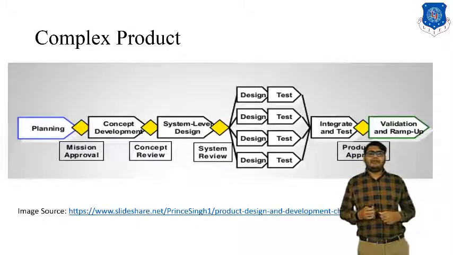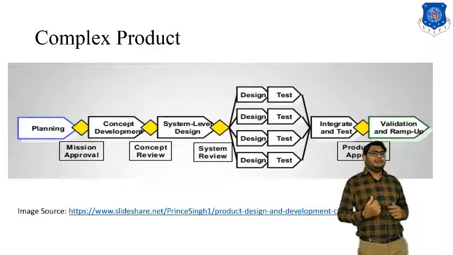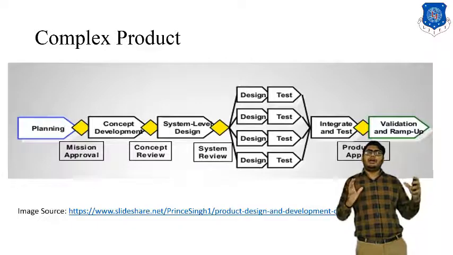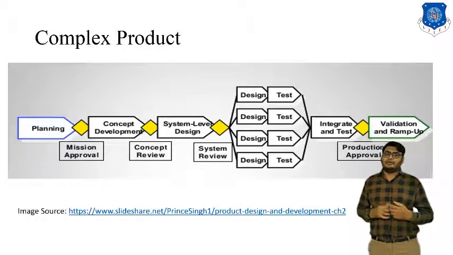But notice that with the concept development and system level design, there are approvals. After planning, we need a mission approval, because if we are designing complex products, we are dealing with a large product, a large amount of development cost, and a large amount of manufacturing cost.